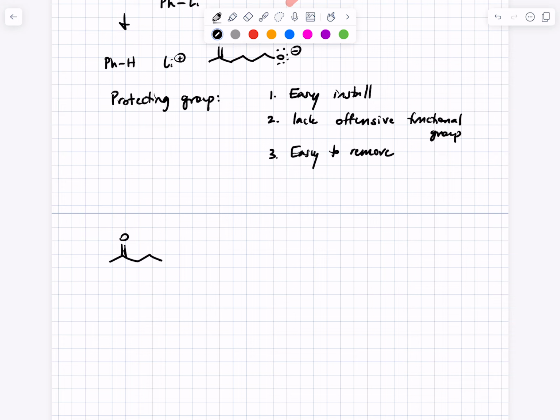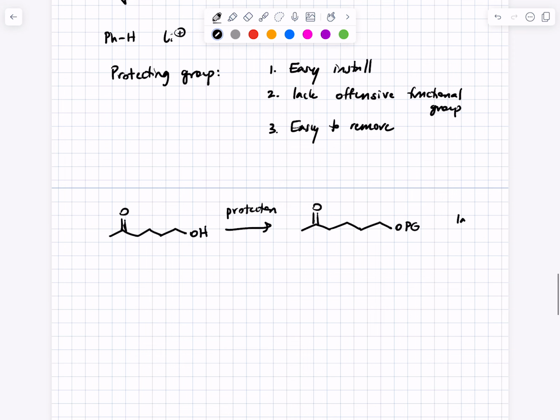Imagine starting with your same alcohol and doing a protection reaction, and that's going to convert the alcohol into something, the PG stands for protecting group, that lacks the acidic proton. And this reaction is going to be fast and 100% yield. Then we can go ahead and do the phenyllithium addition reaction to our carbonyl carbon, because the acidic proton is gone.